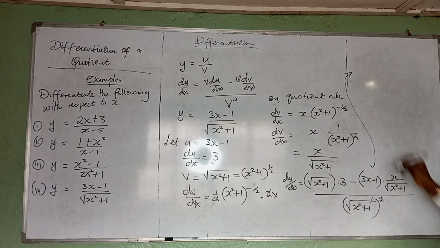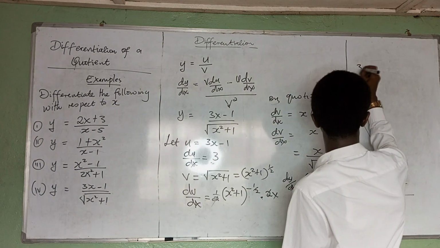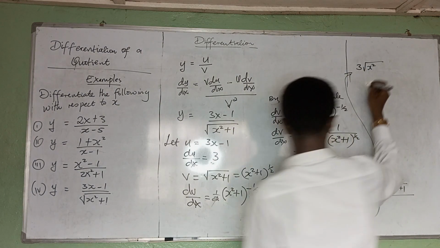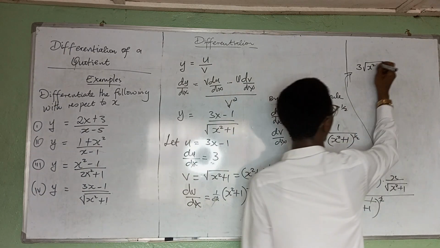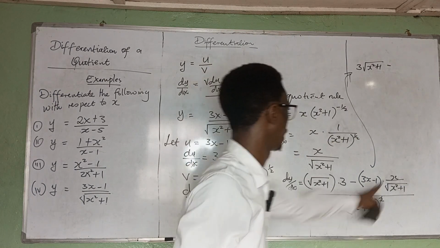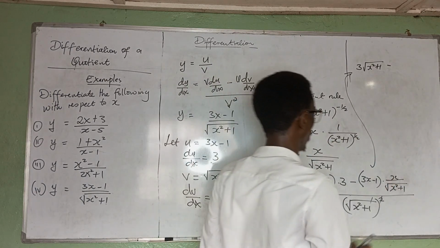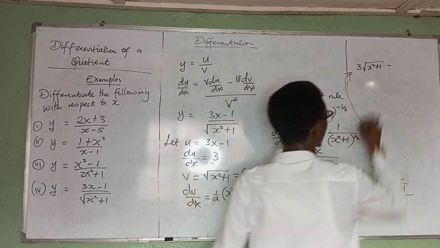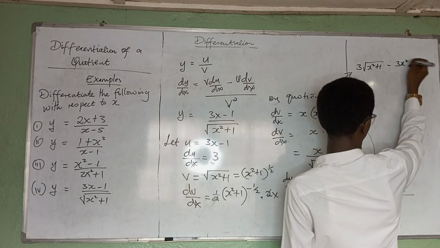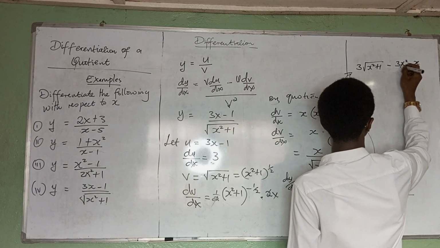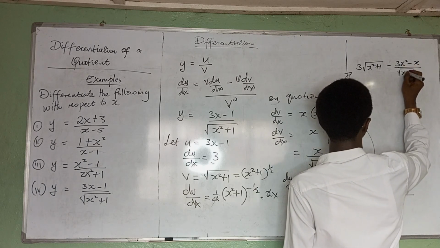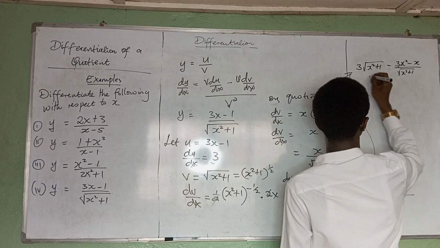This and this becomes 3 root x squared plus 1, minus, and this and this becomes 3x squared minus x, divided by root x squared plus 1.